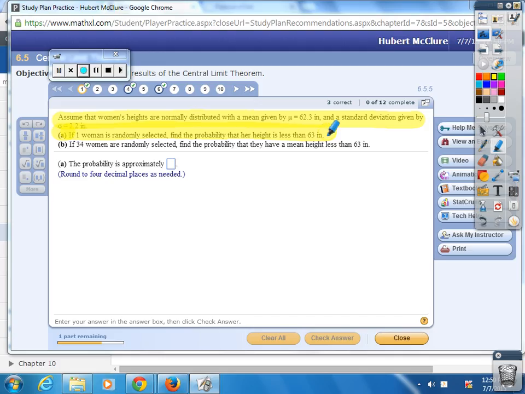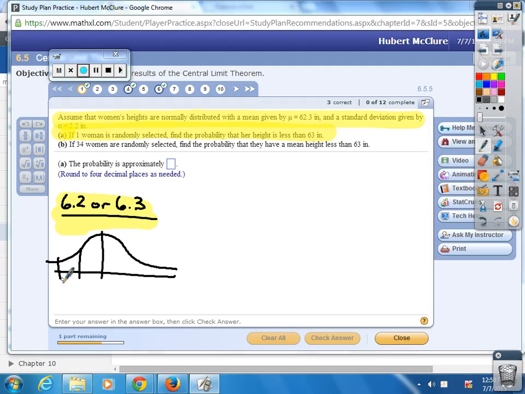And we're going to do that right in here, 6.2 or 6.3. And we go, okay, we draw a curve. On the curve, I'm just going to use whole numbers. So 62, and then 2, that'd be 64 and 66, and 60 and 58. Now, of course, yours would be in decimals, but I'm just doing that so I could draw a picture.